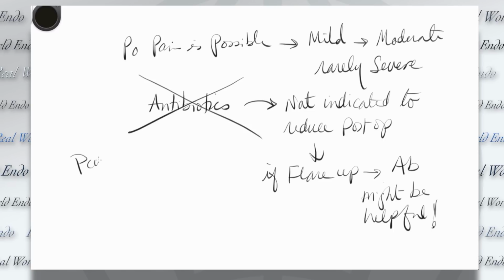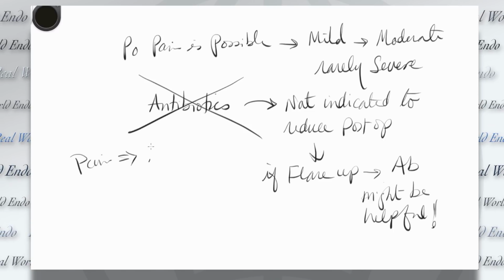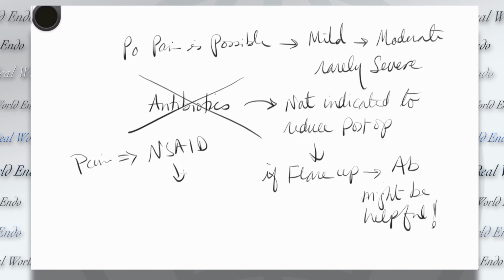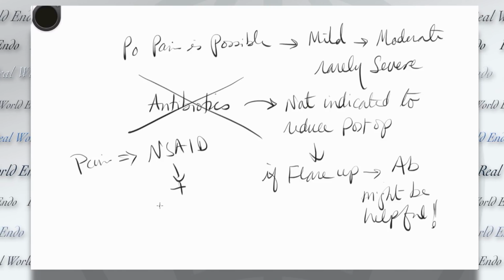Now, in terms of what is good for pain control postoperatively, I prefer to use a non-steroidal anti-inflammatory and combine that with acetaminophen.